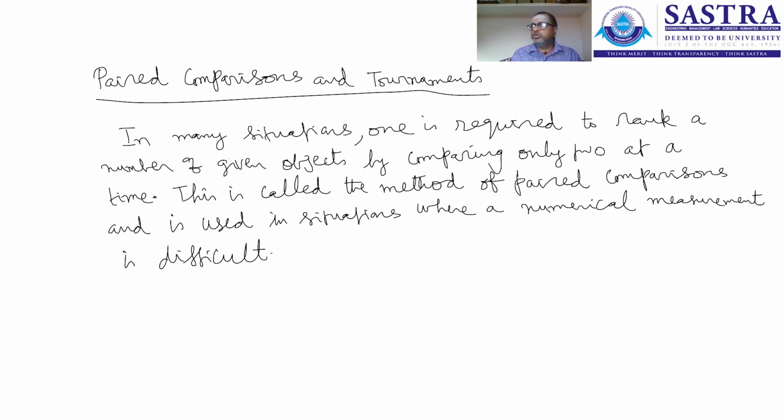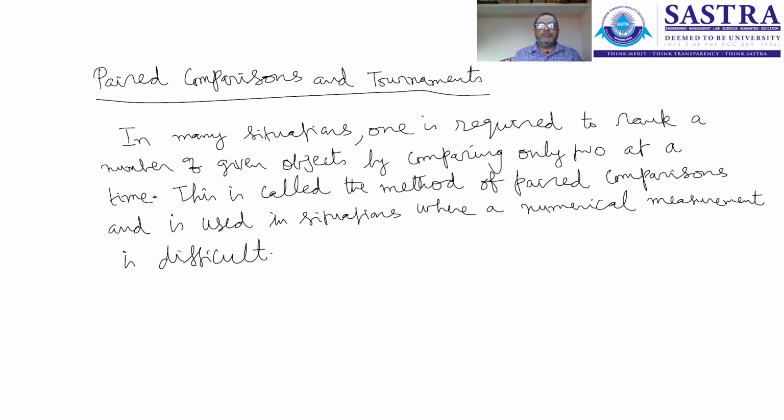Now we will move to the third part, as I told you: how to use the directed graph in decision making. I will explain it through an example here, and depending upon the situation, you can construct or model the problem using directed graphs, use the technique and arrive at conclusions.